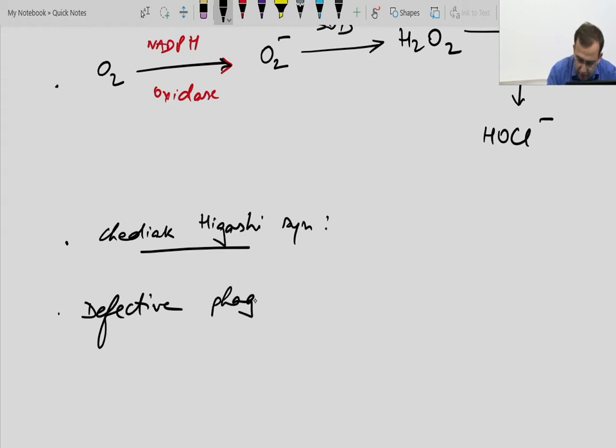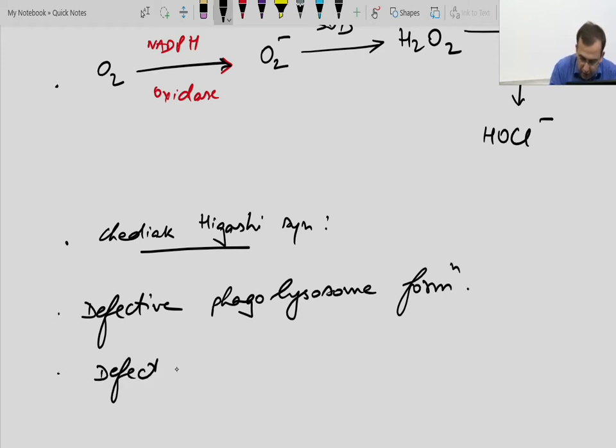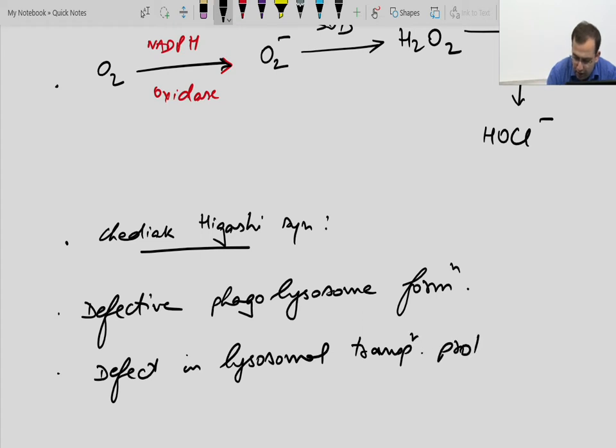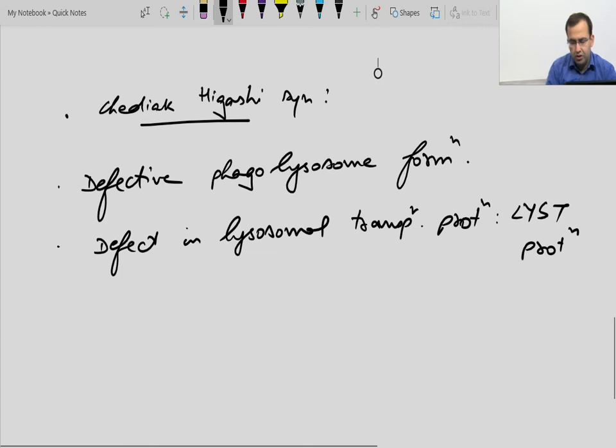Why? Because of a defect in a lysosomal transport protein called the LYST protein. So Chediak-Higashi syndrome is defective phagolysosome formation because of a defect in LYST protein.